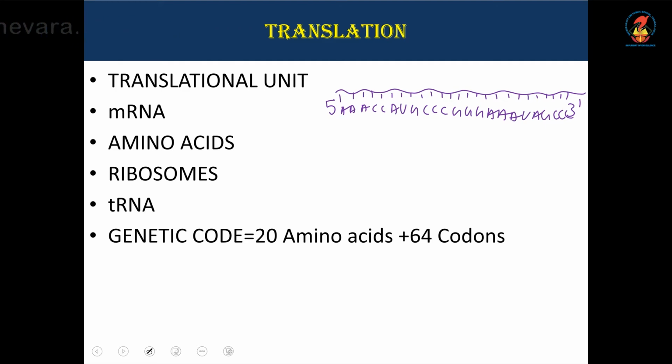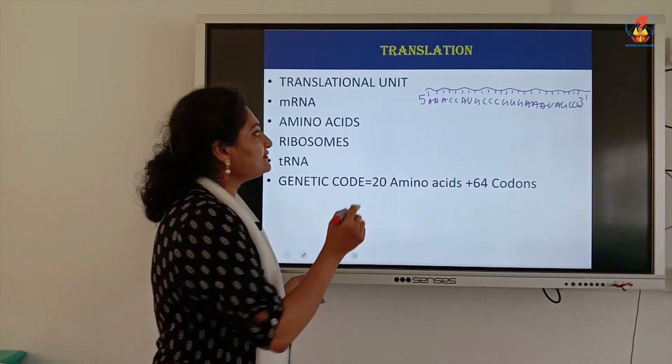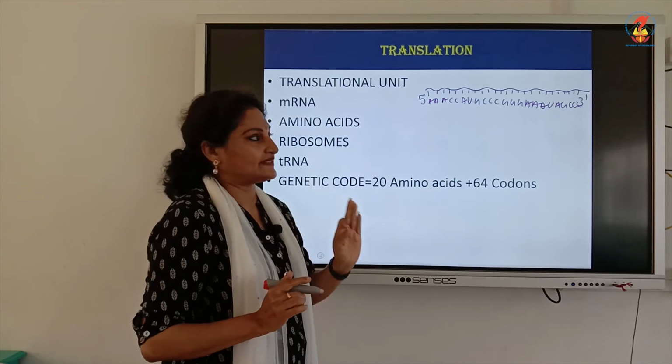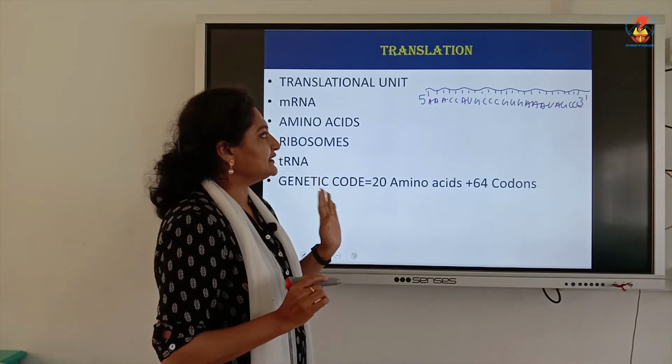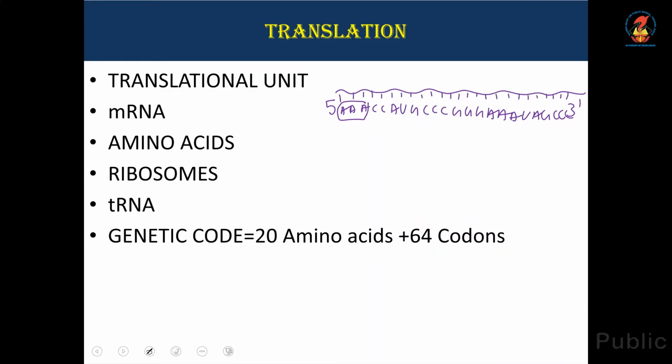A translational unit is an mRNA that comprises a number of bases, and these bases are read in triplets. Remember how we read these bases: in triplets, ACC, AUG, CCC, GGG, AUA, GCC. Okay, now I have given it at random.